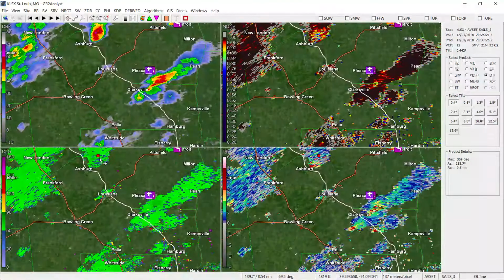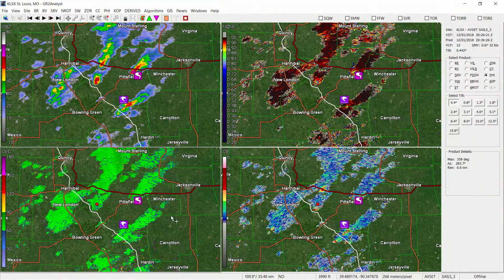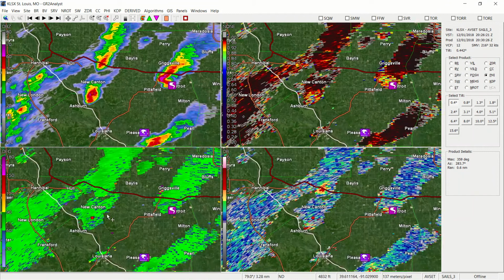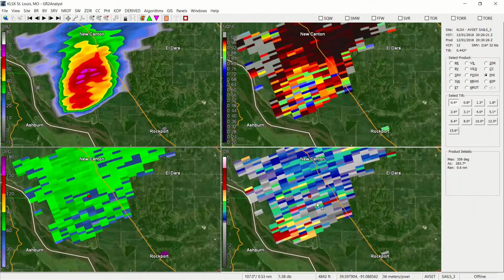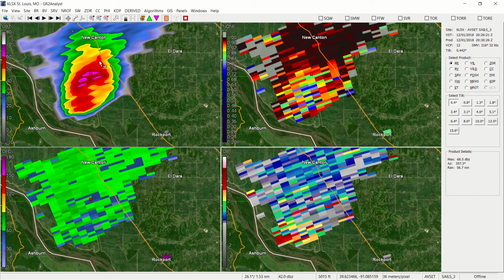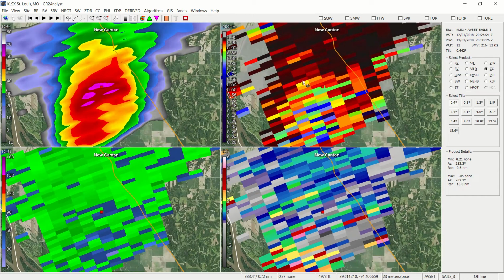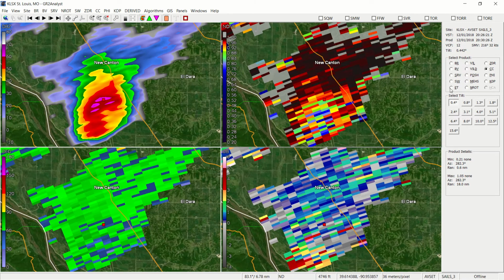We don't really see much change in the radial, so not much attenuation difference there. And then we do see ZDR values near zero. So a little bit of hail in that, not much hail in that field. And then definitely some difference in the precipitation field as far as the sizes go.